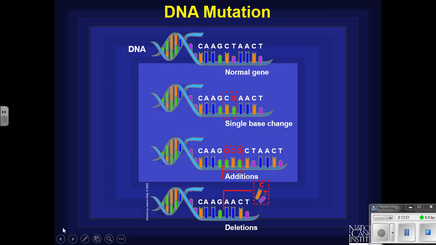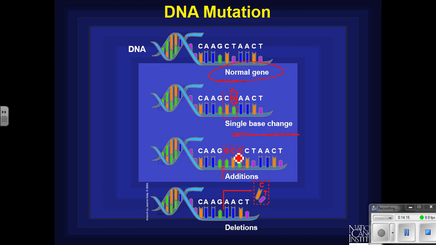So if this is your normal gene, that's coding for something, and there is a single base change, so instead of having a C and a T, there's a C and a G, that can be an error or a mutation. A single base change one way, addition, meaning you're adding something.